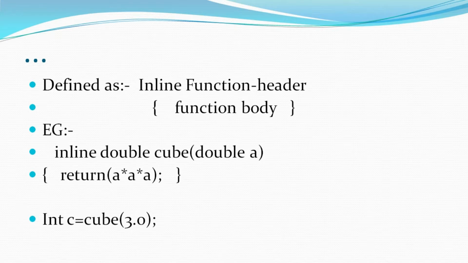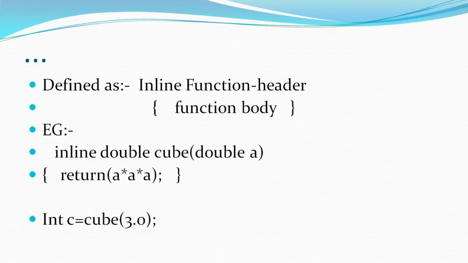We made that function cube inline, in which the parameter passed is again of type double. Now the function body contains only return a * a * a, that is 3 times a. So this is just a small function that is an inline function.